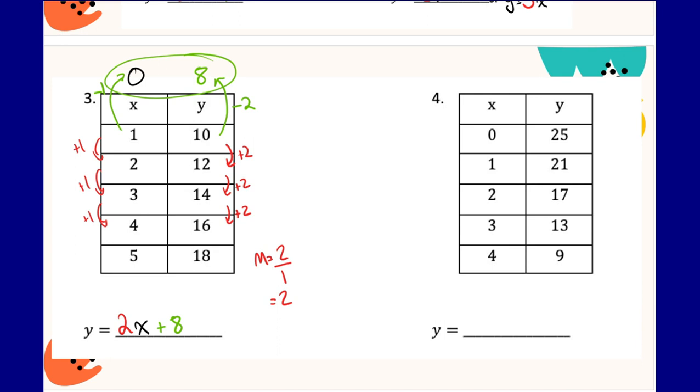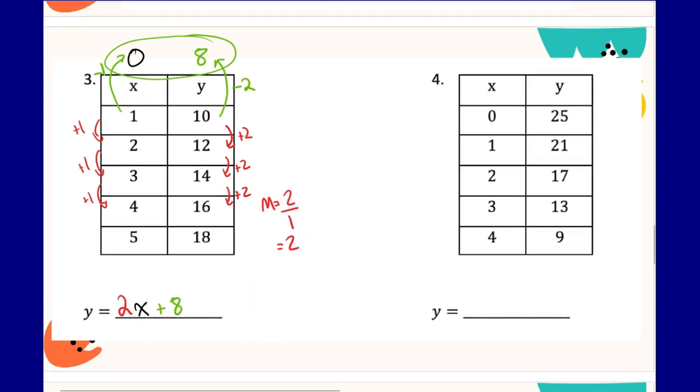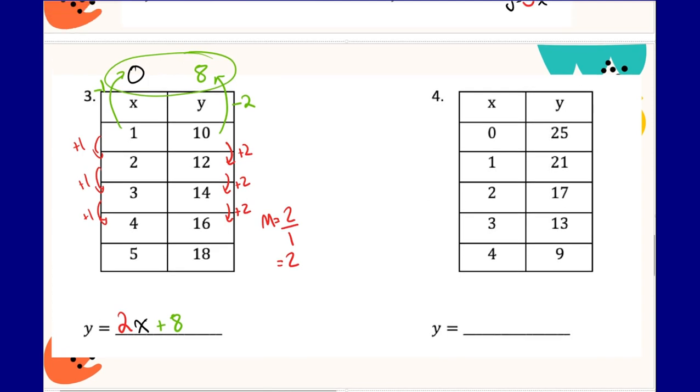Another thing you could do is use the idea of filling in your rule. If we know our multiplier, we are going to be multiplying our x values. So if I look at the first example, I'm going to multiply 1 times 2, and then that plus something should equal 10, because this is my y value. So 1 times 2 should give me 10.